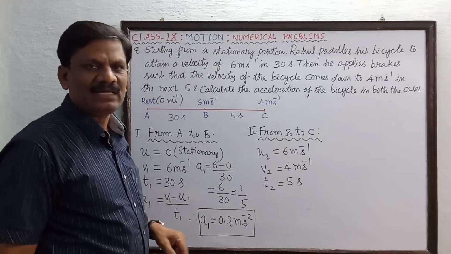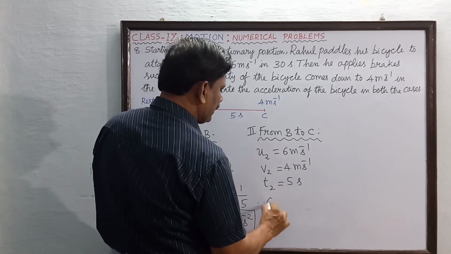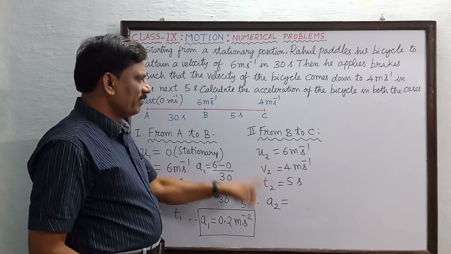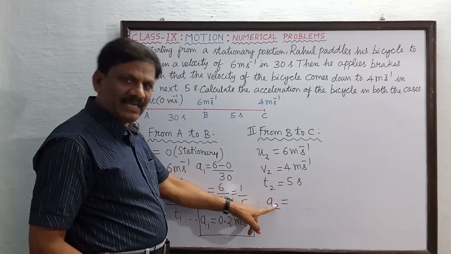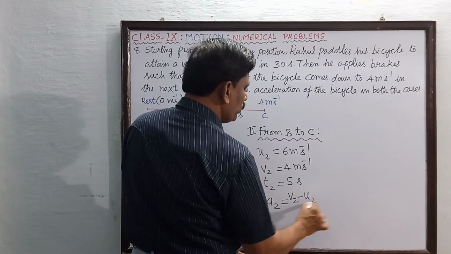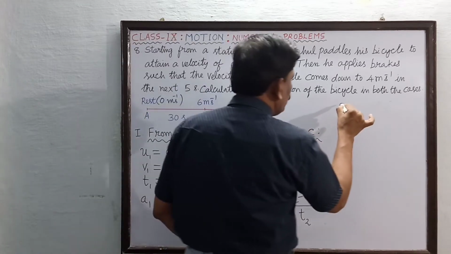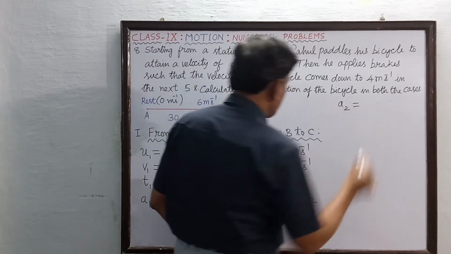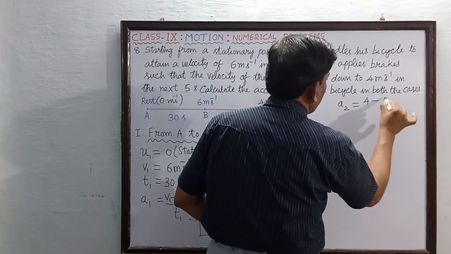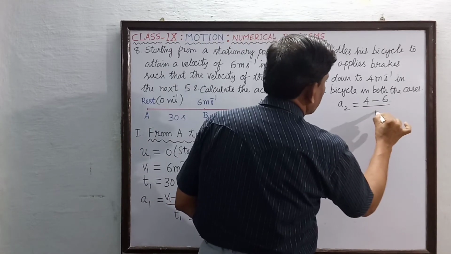Is it not? Now the velocity decreases. So the acceleration, from B to C, is taken as a2. So a2 is equal to (v2 minus u2) divided by t2. So a2 is now equal to 4 minus 6, that is final velocity 4 minus initial velocity 6, divided by the time taken, 5 seconds.